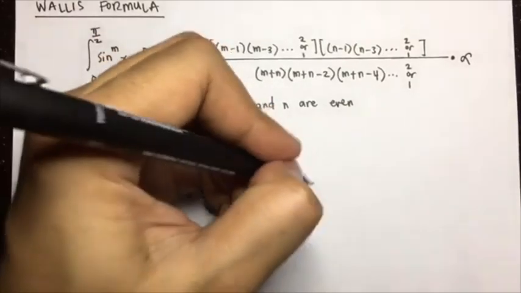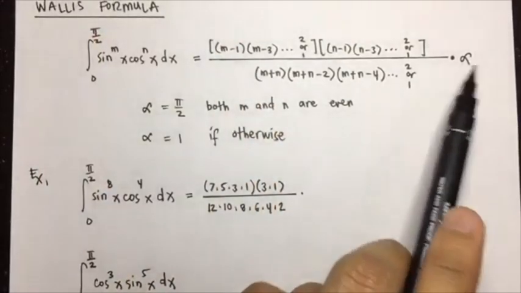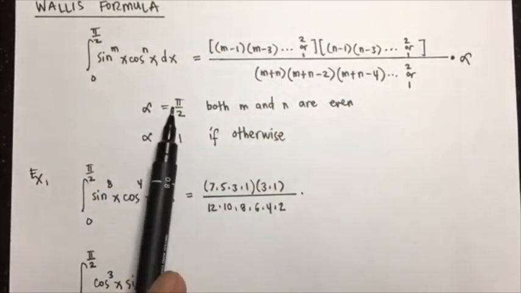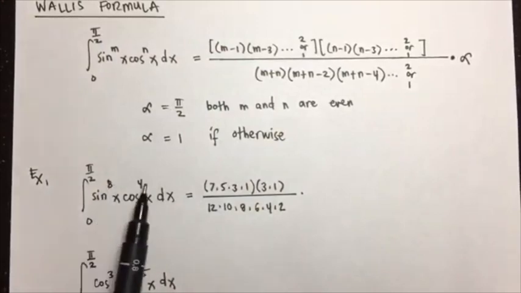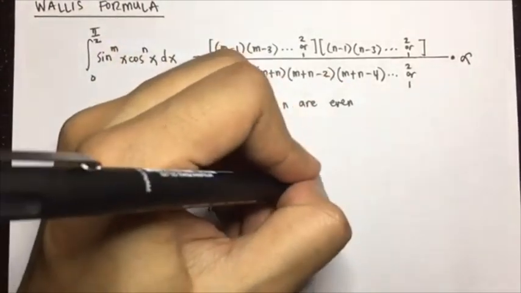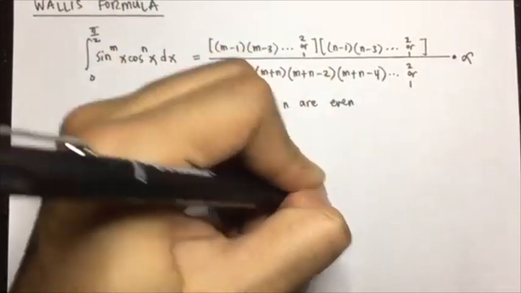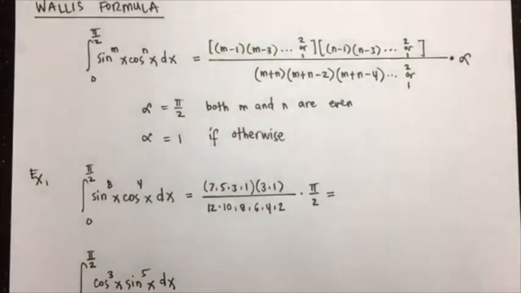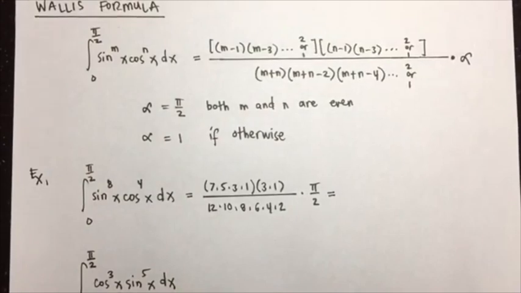And then multiplied by alpha. Since m and n are both even, our alpha is equal to pi over 2. I guess we have to use our calculators for this.